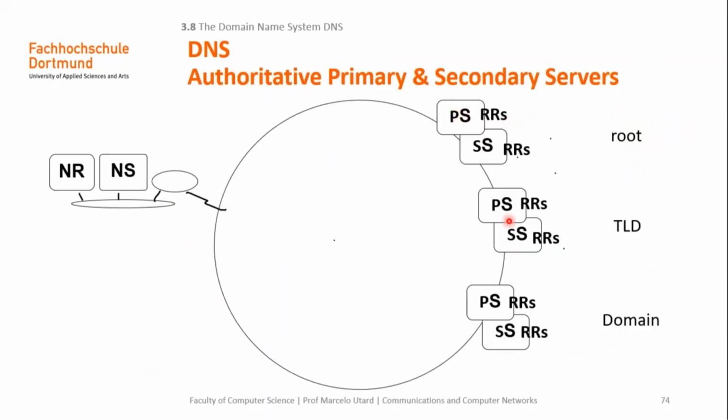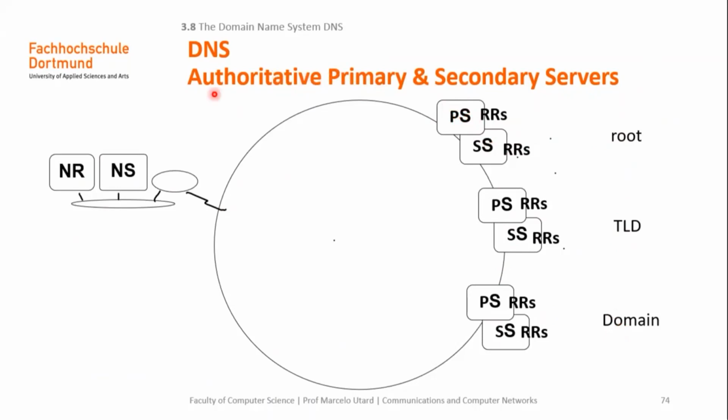And on the side of the authoritative servers, we could see that each zone has one and only one primary server. Any zone, for instance, the root zone, any top level domain zone, or any domain or subdomain zone has one and only one primary server. But the primary server is not the only authoritative server.